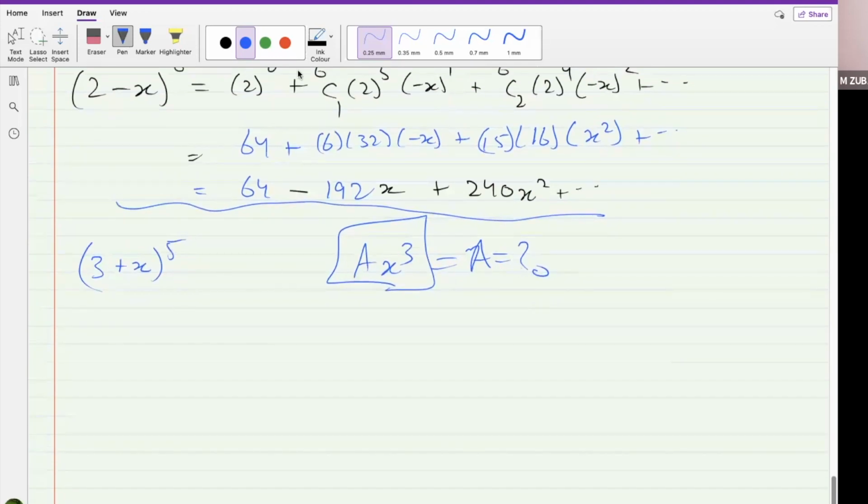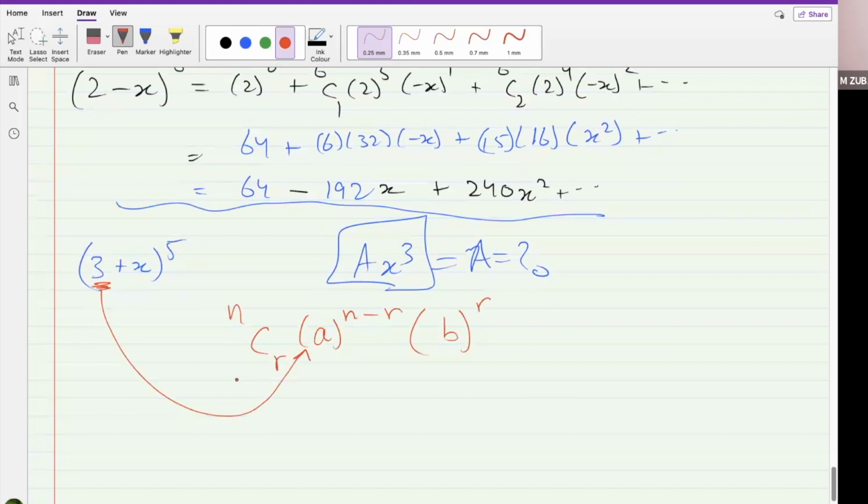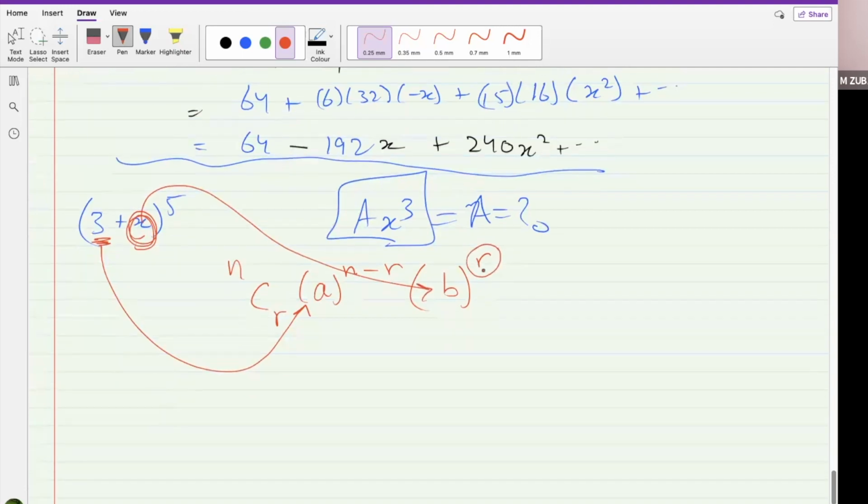The other way is we just think a little before writing that whatever we are doing, nCr, a to the n minus r, and b to the r. So when I see a is 3, it has nothing to do with x, and x only lies in b. What if the value of r is 3?